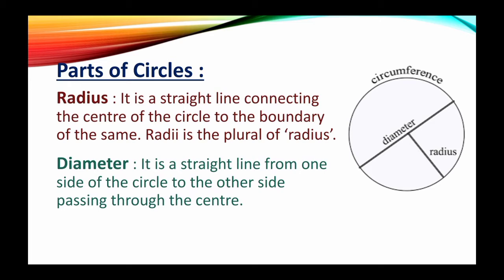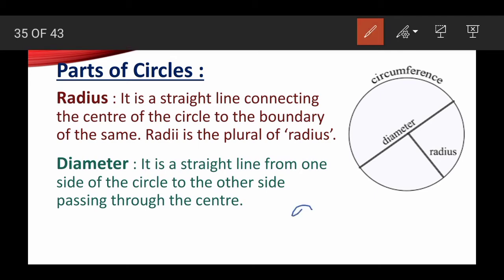Diameter is double the radius, that is, d equals 2r. Here it is 1r and on the other side it is 1r. The straight line that passes through the center and connects both sides of the circle.